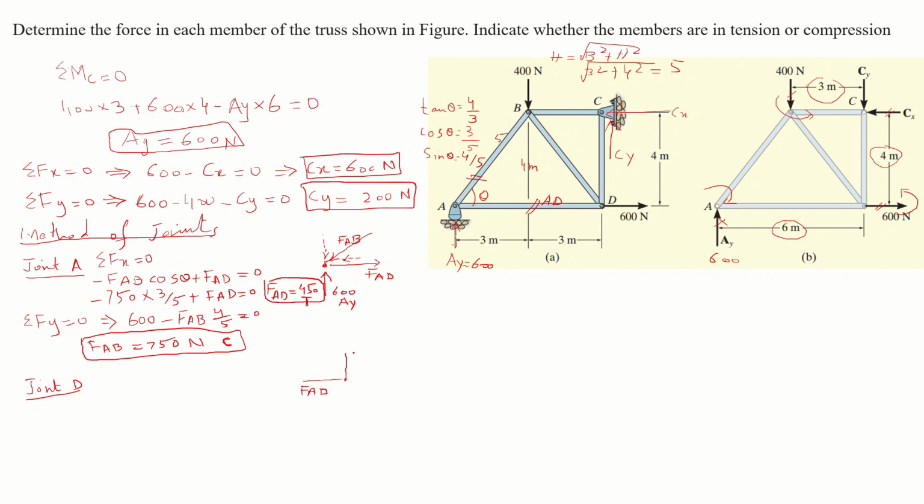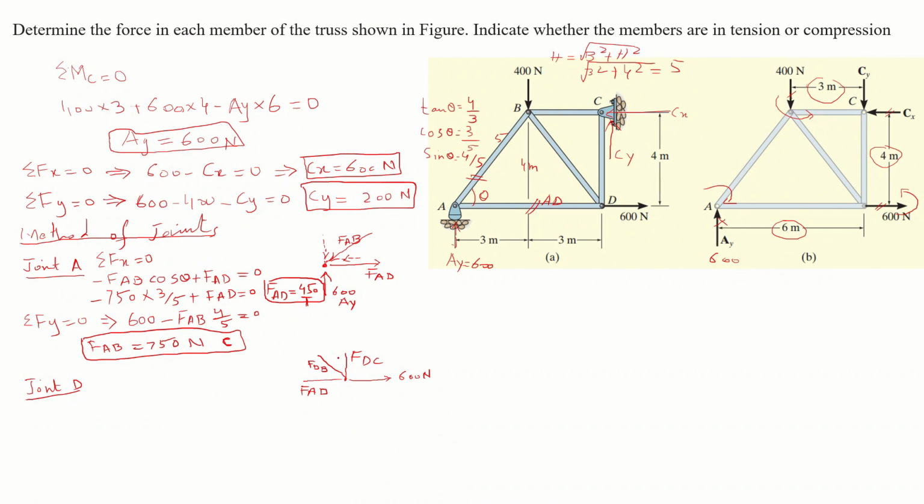This is F_DC, and applied force is also there, which is 600 Newton, and another member is also there, which is F_DB.